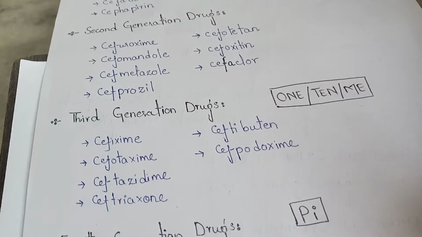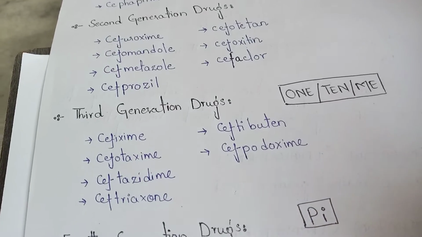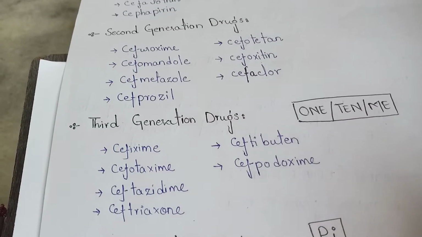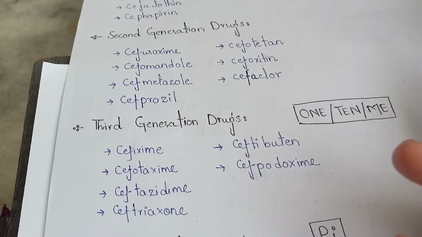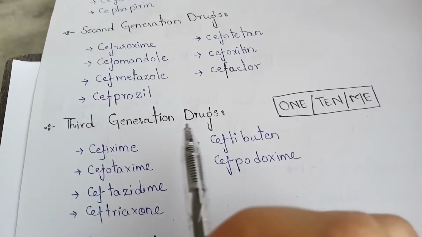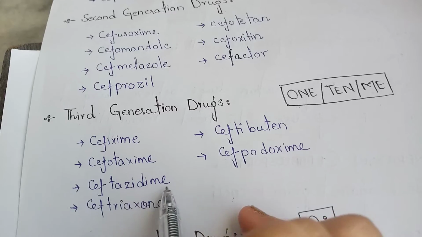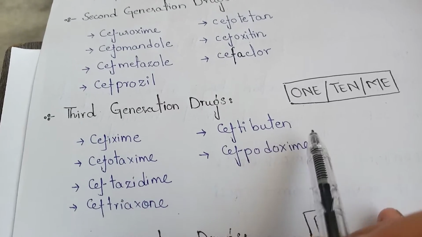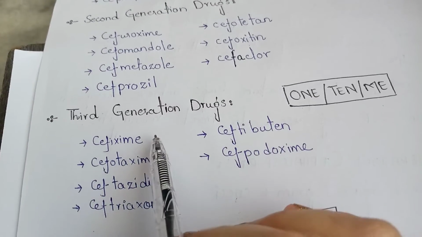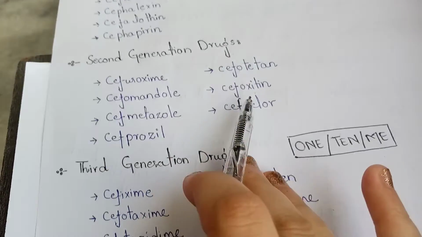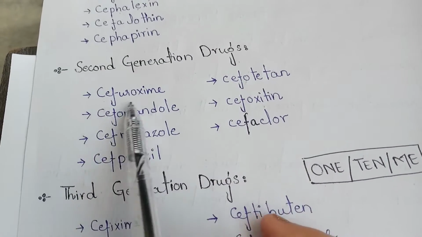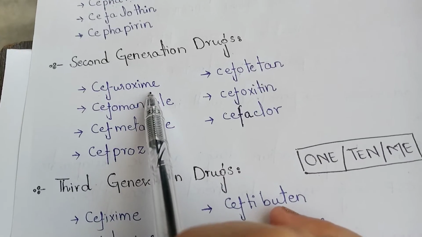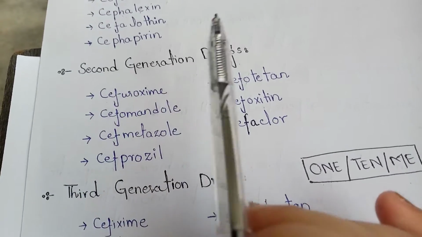If there is 110 and me at the end of a drug and it starts from the CEF, then you have to think directly that they belong to the third generation drugs. As you can see over here is a me, and 1 and 10 and me, so it belongs to the third generation drug. But the only exception is cephalosporin. This cephalosporin ends with the me, but it belongs to the second generation drugs.